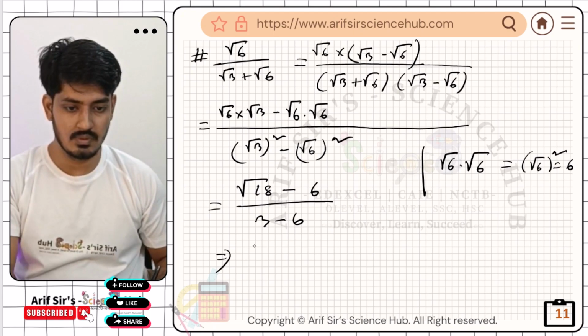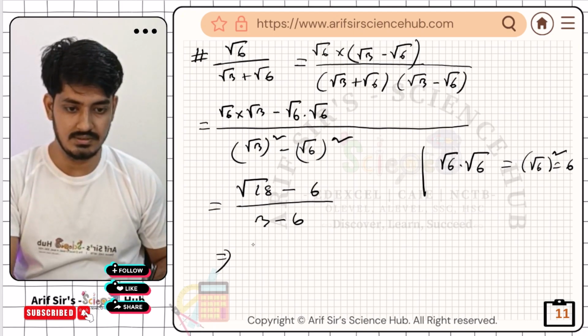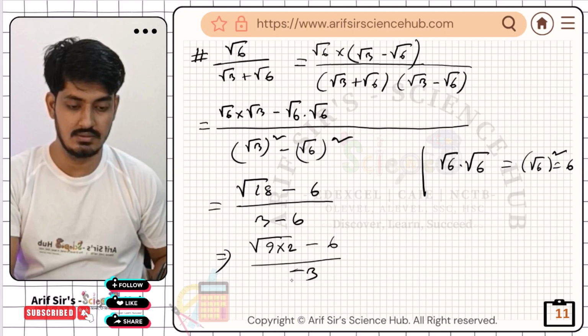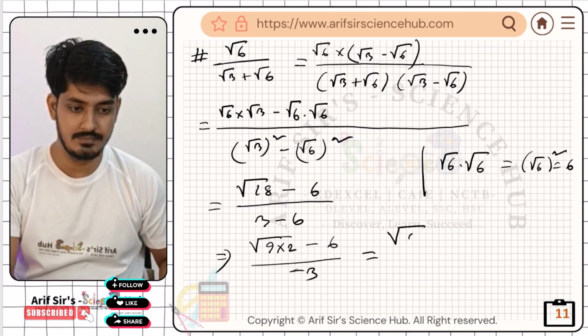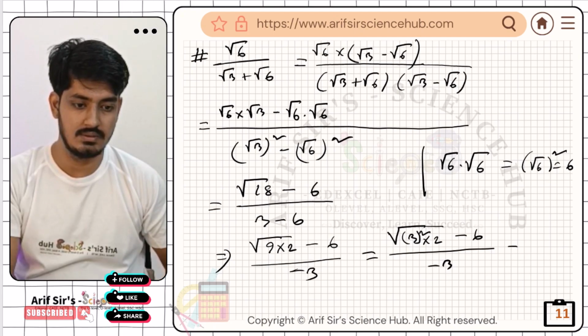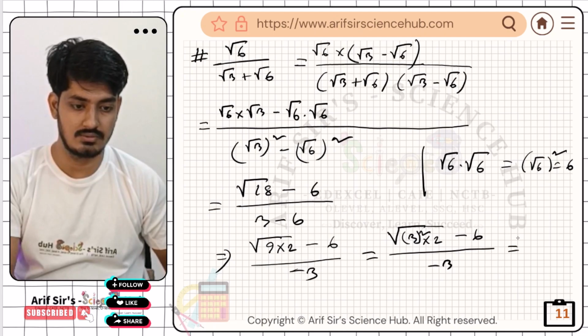So we can write this root 18 as 9 into 2. That means 9 into 2 is 18 minus 6 divide minus 3, okay. Then we can just write this 9 as 3 square into 2 minus 6 divide minus 3. So we can bring this 3 out of the square root. Then 3 root 2 minus 6 divided minus 3.